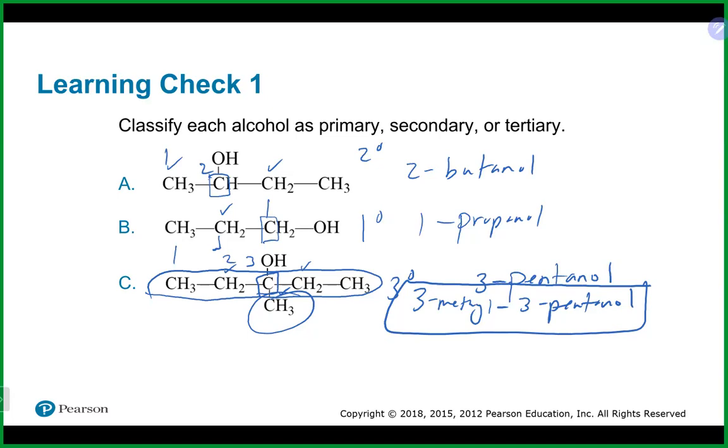Now, if it did make a difference, right? Let's just say, for example, we had this.